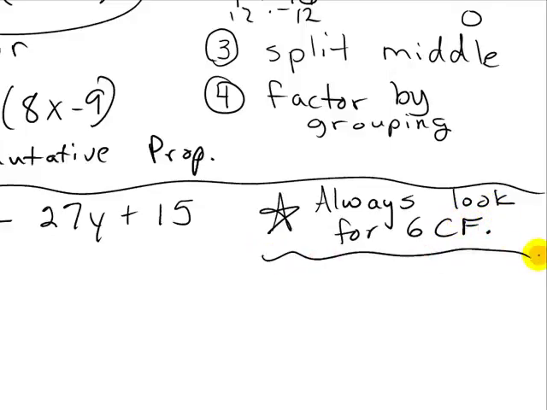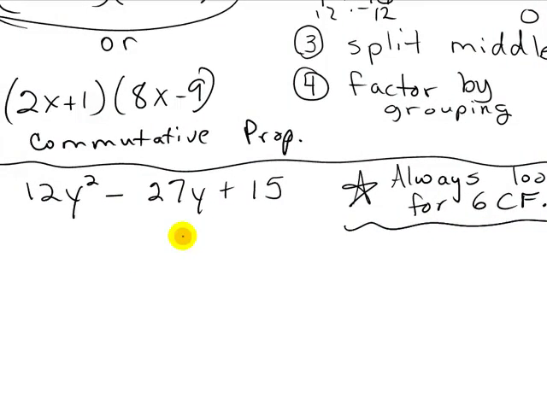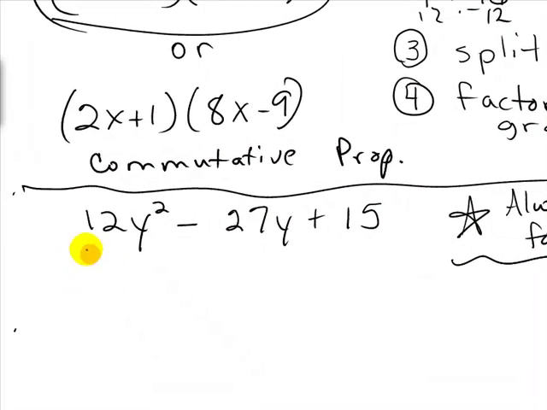If you don't catch it at the beginning, you will need to catch it at the end in your answer. So notice, 3 goes into each one of these terms. So I'm going to pull that out first. And this will make life a little bit easier when we're having to multiply and find those factors.